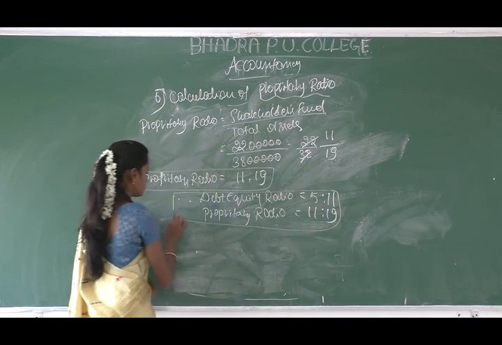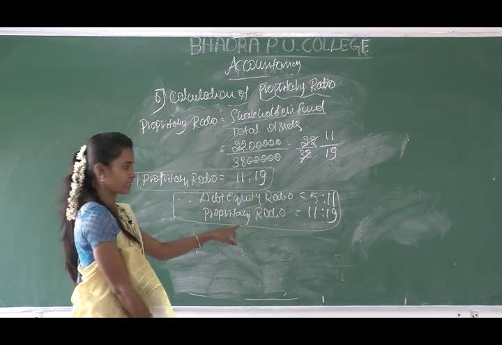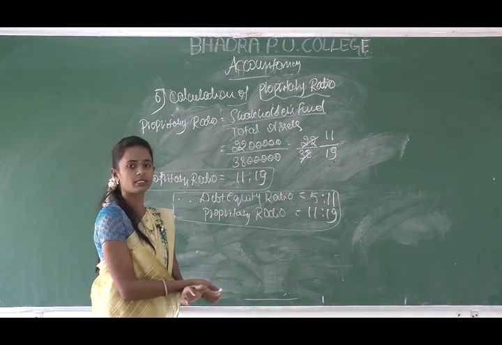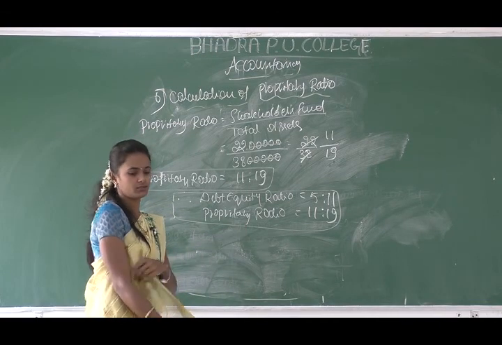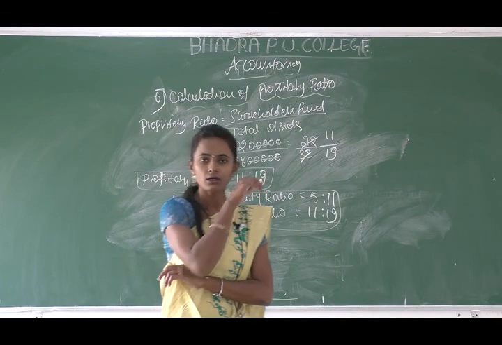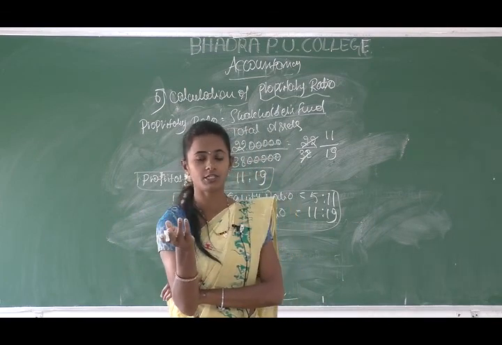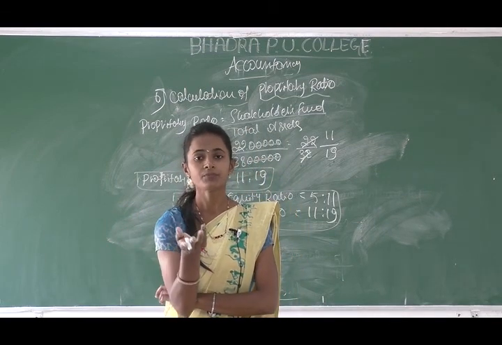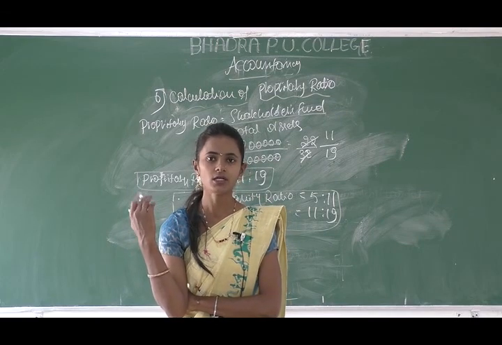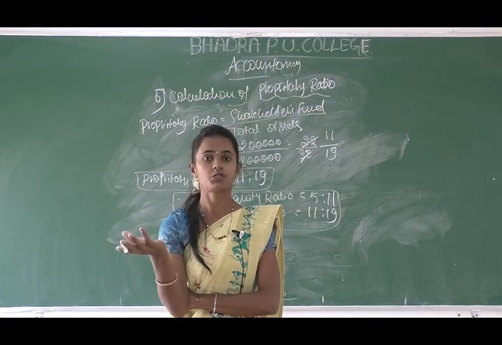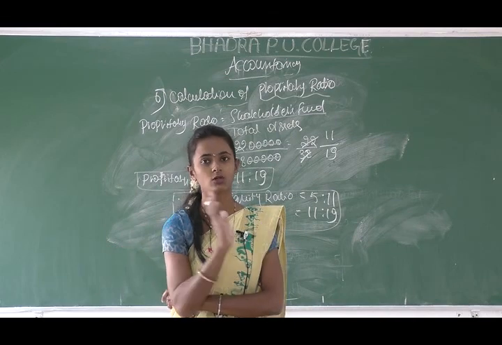So this is our final answer. They asked to calculate both, so calculate both and enter the answer. Okay, is this clear to you? These are the two problems under solvency ratio, that is debt equity ratio and proprietary ratio. Okay, this completes your solvency ratio.